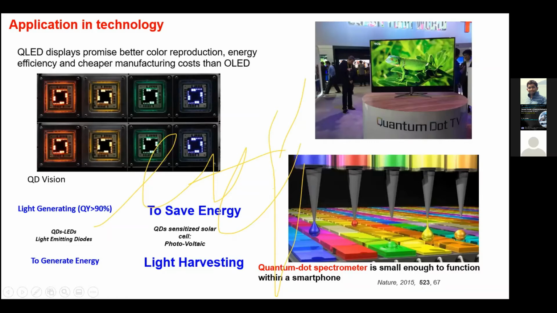So if you have a mobile phone, you can use it as a photodetector for lab purposes. It's still under research in the industrial way, but the development of this kind of thing from quantum technology is a huge achievement. So these are the two most prominent things: one is saving energy and light harvesting, another is light generating.